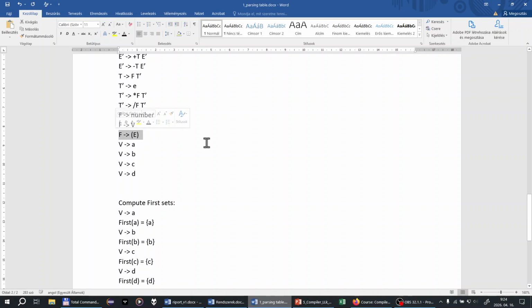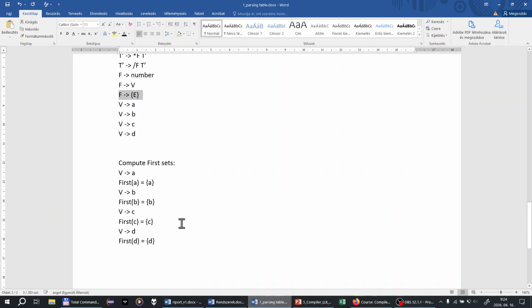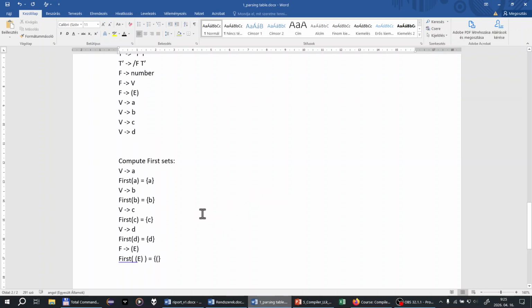Okay, then go upward. For the grammar rule F to (E), first, E in braces always starts with an opening bracket, so it includes this one.